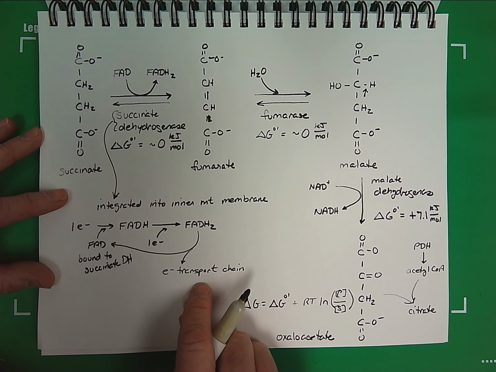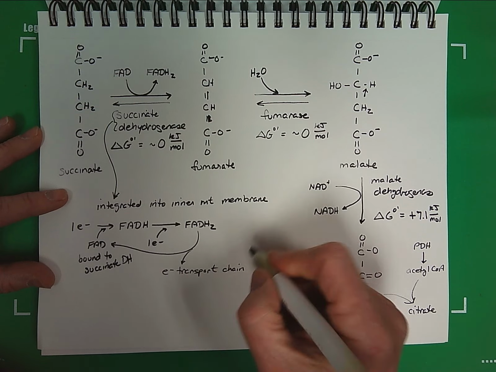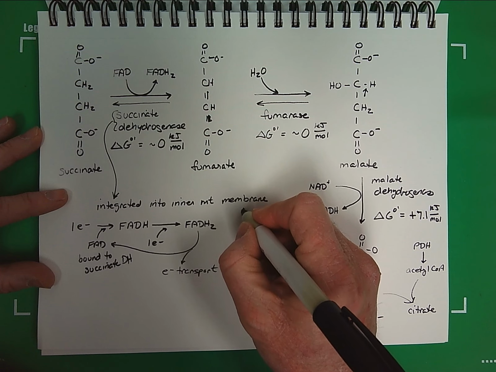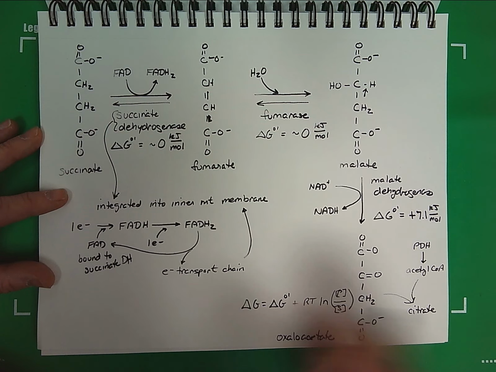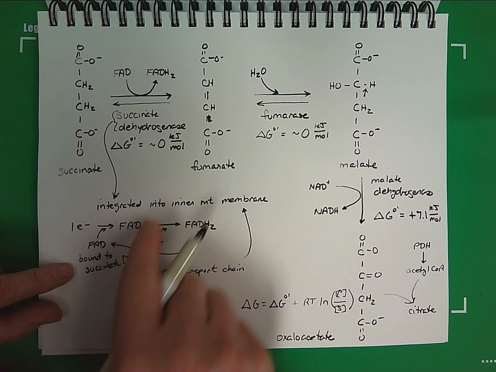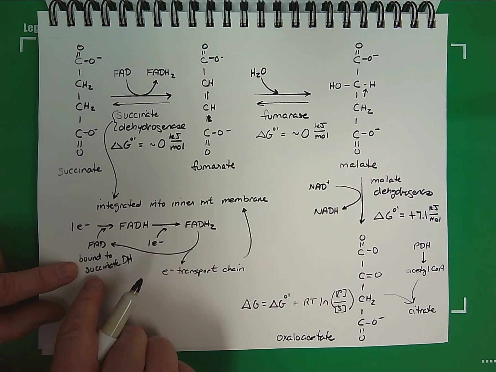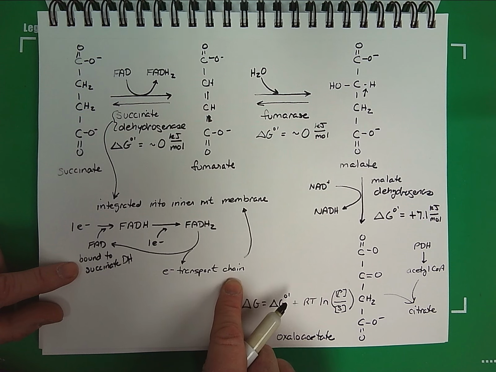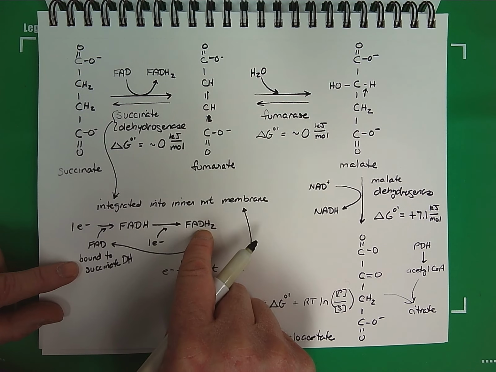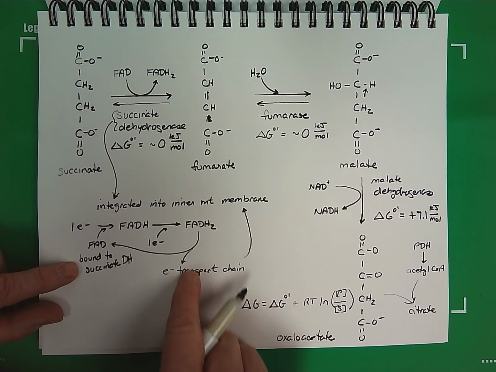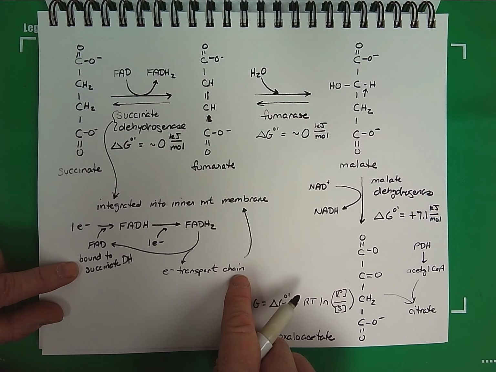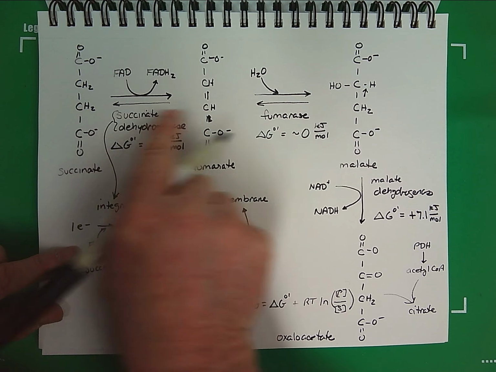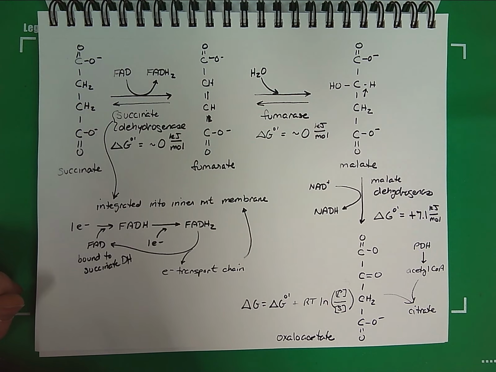The electron transport chain is embedded in the inner mitochondrial membrane. So the succinate dehydrogenase is embedded in the membrane precisely to locate it adjacent to the electron transport chain, so that when it oxidizes its FADH2, these electrons go directly into the chain, in the process regenerating FAD so we can keep our TCA cycle going.